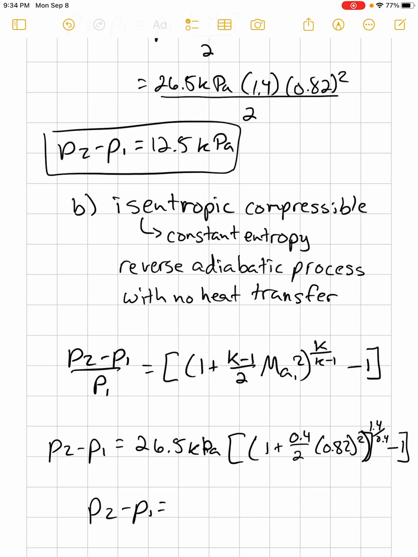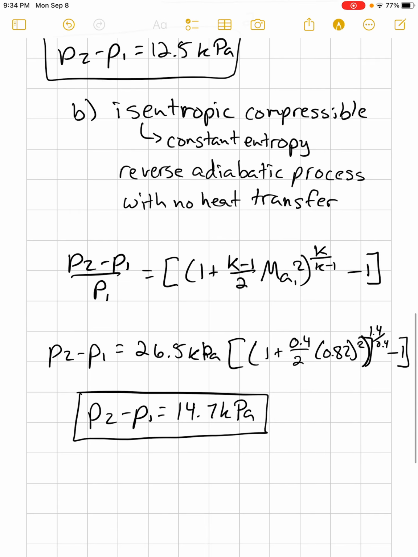So when we calculate that out, we end up with 14.7 kilopascals. Okay, so at a Mach number of 0.82, our pressure, which has implications for the lift and drag on the aircraft, is 1.18 times greater for the compressible flow.